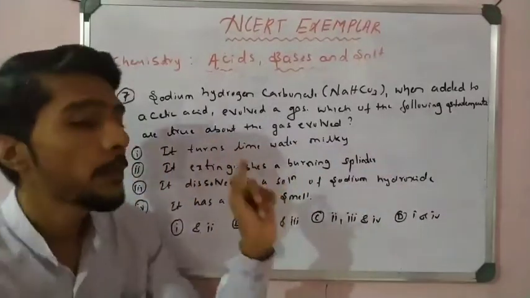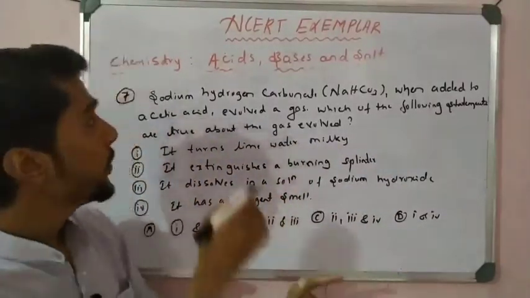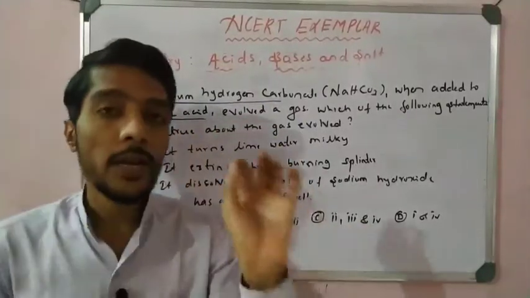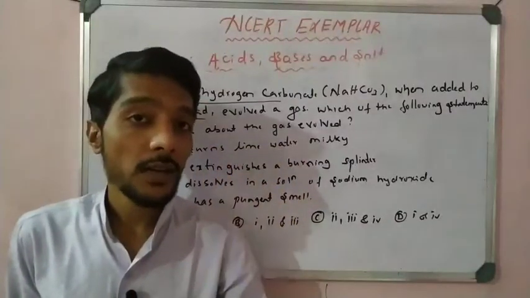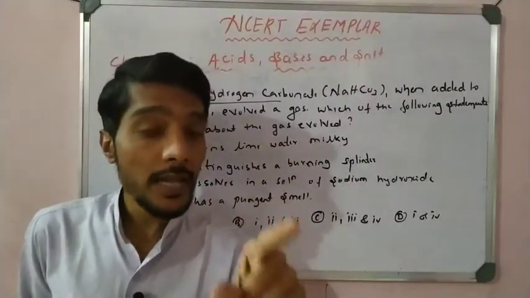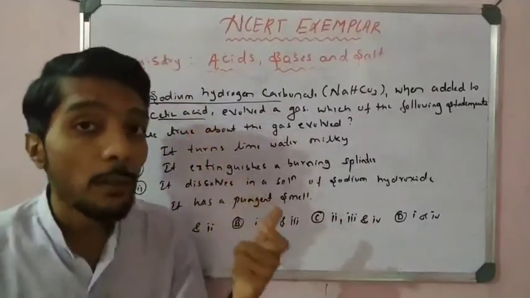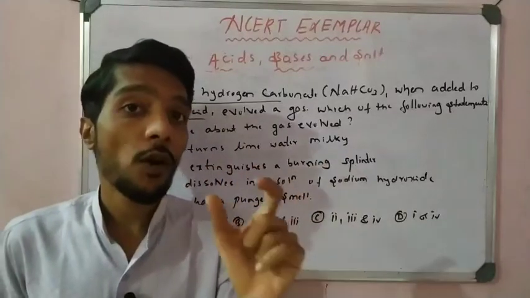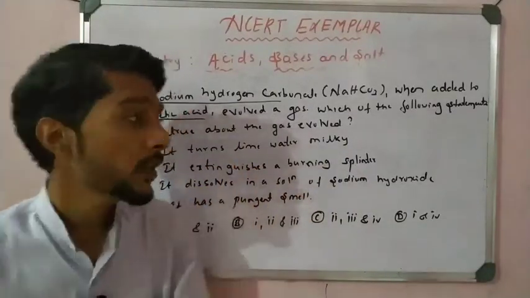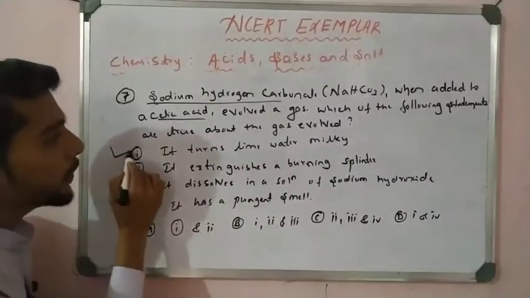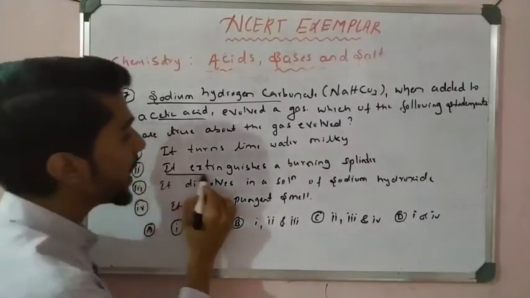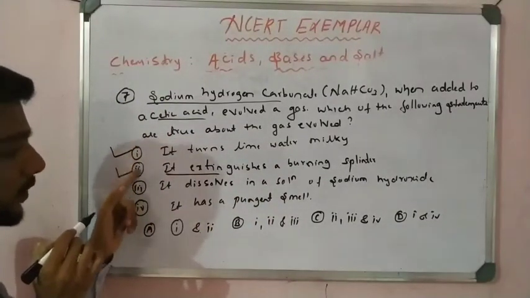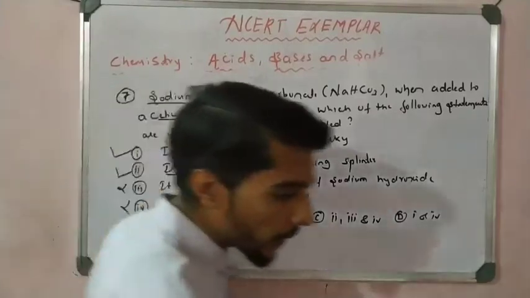We already know that when a metal hydrogen carbonate reacts with an acid, here acetic acid, carbon dioxide gas is liberated: salt plus carbon dioxide plus water. That carbon dioxide is used in fire extinguishers. And when passed through lime water, it forms calcium carbonate, a milky substance. So it turns lime water milky, that is correct, and it extinguishes fire, that is correct. Statements 1 and 2 are correct, so option A is correct.